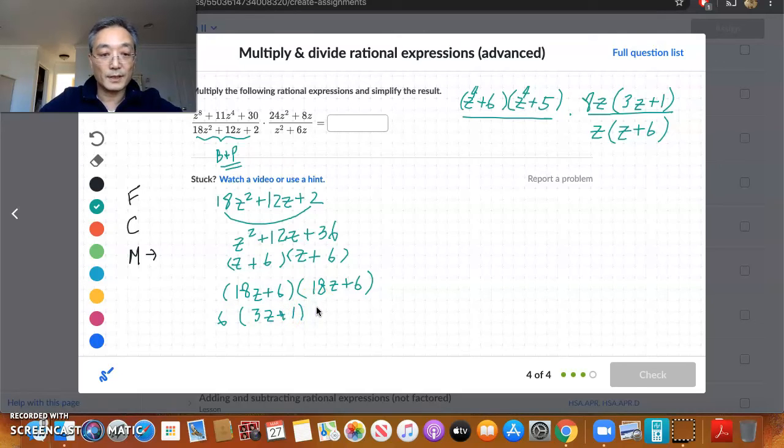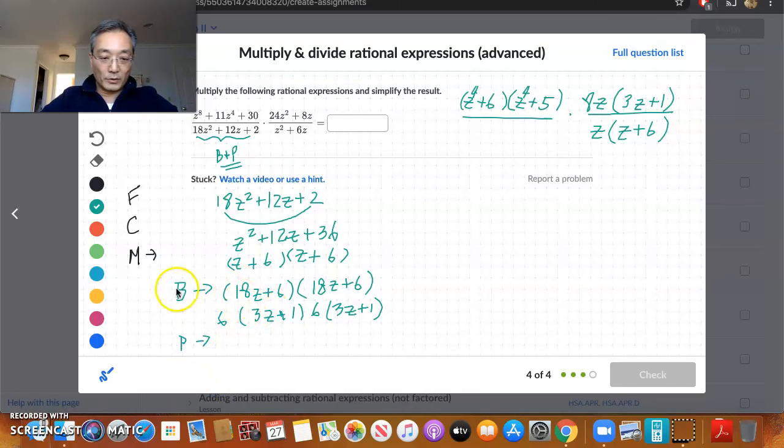And then we can take out another 6. And that's going to leave me with 3z plus 1. Okay, now the payback, so this is the borrow part right here, right? That's the borrow part. Now comes the payback time.